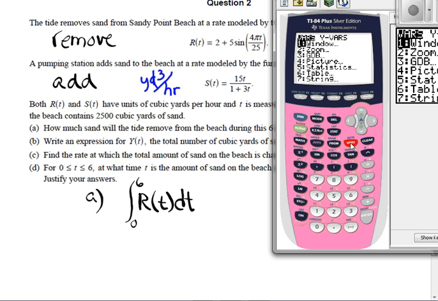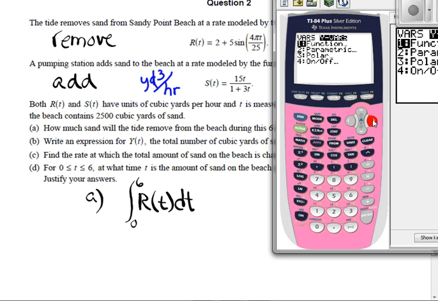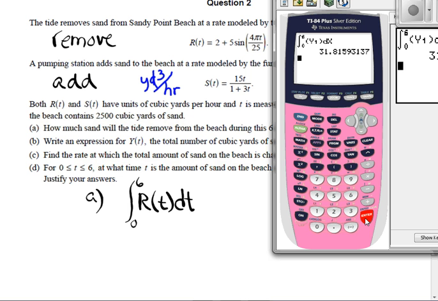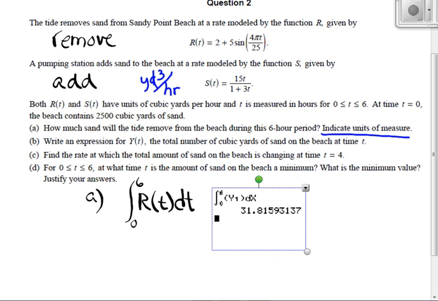You should have been doing this all year. It's a function, and I want Y1. And I have to put in my X. When you do all of them, if you work on these, you're going to find that they're all kind of easy. You just have to do it. Cole, did you get that answer?